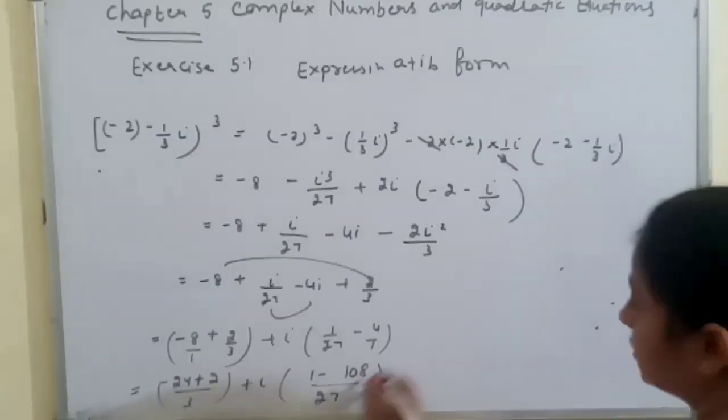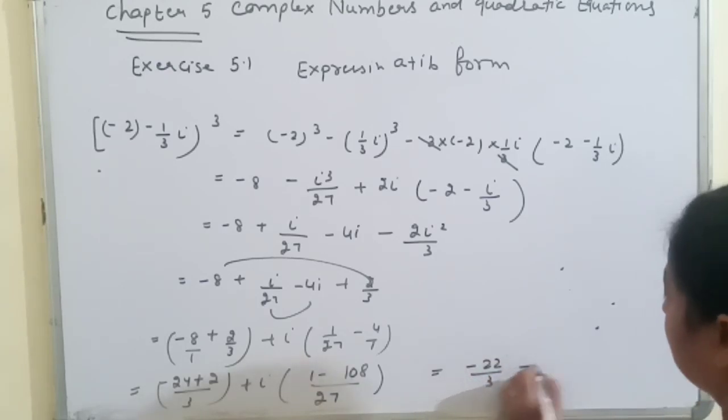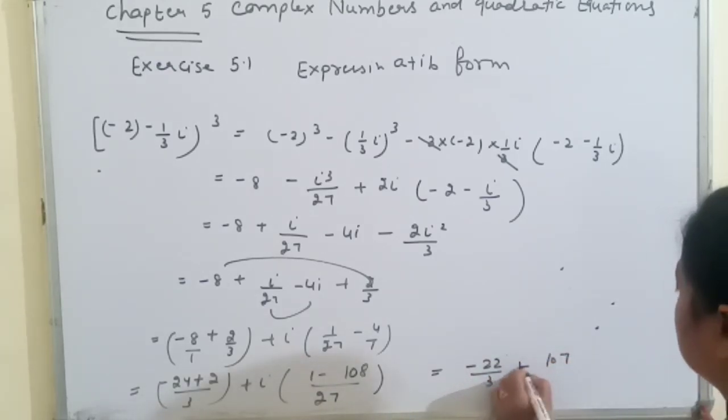Now solve it. This is minus 22 upon 3, minus 107 upon 27 iota.